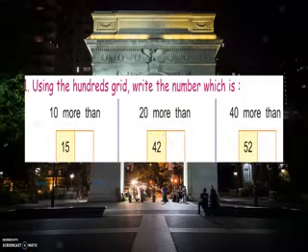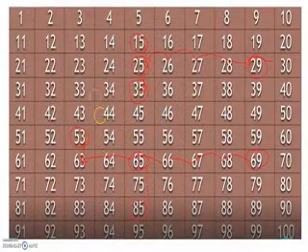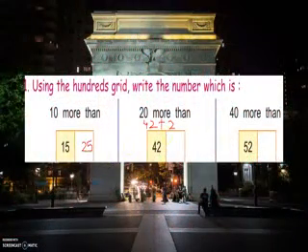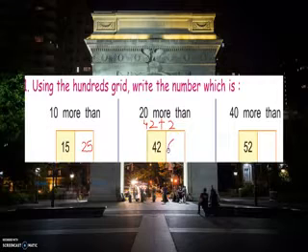Let's see how we can do that. 42 is here. We have to move 2 times downwards. To add 20, 52 and 2 times 62. So our answer is 62. 20 more than 42 is 62.